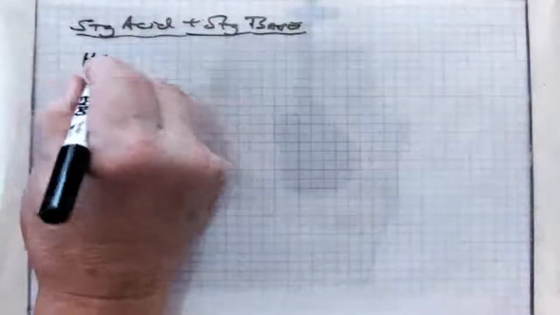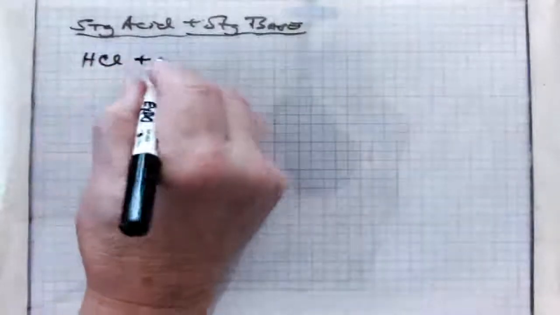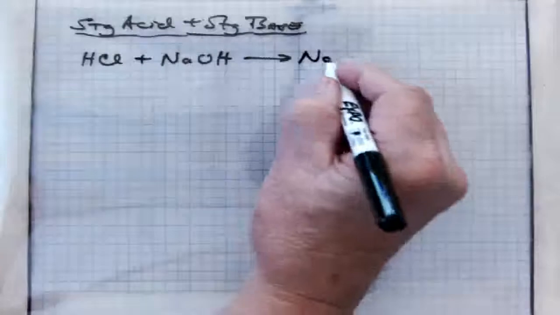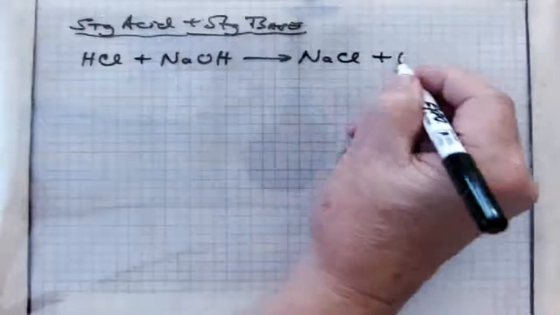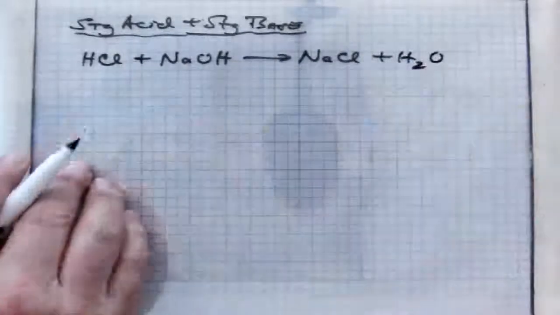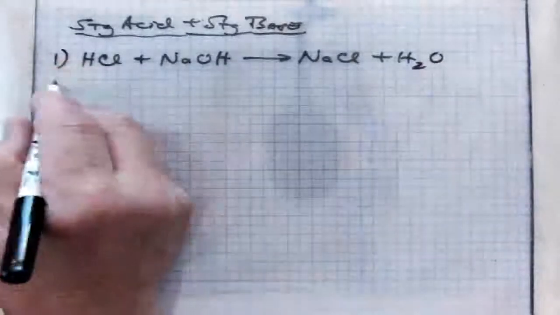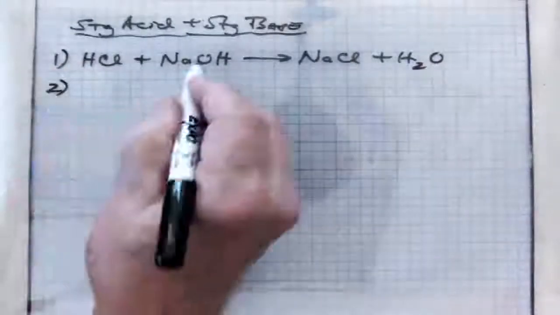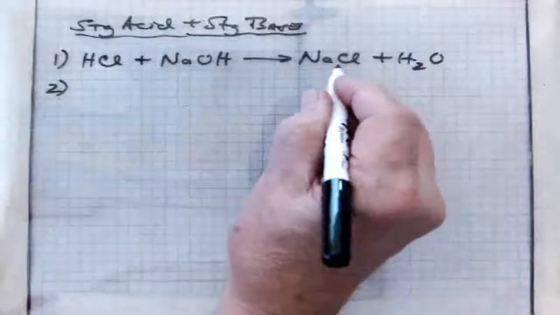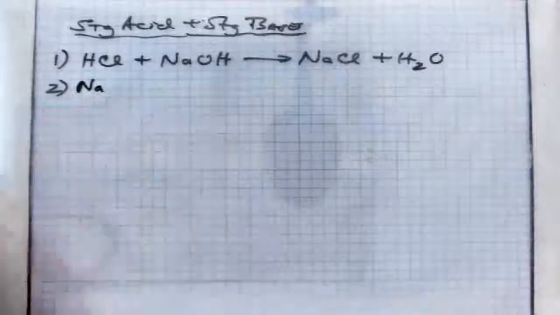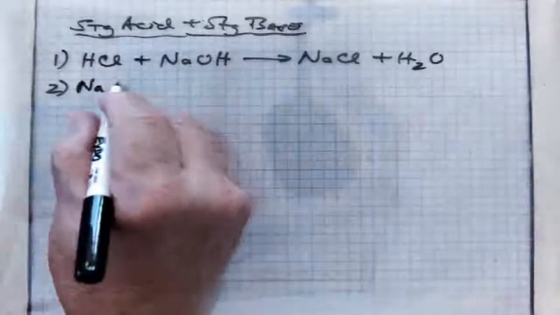Now, we'll call this reaction 1. Reaction 2 will be the ionization of the salt. If you recall, salts are the same thing as ionic compounds, and this will ionize into the cation sodium and the anion chloride. Then you have reactions that are tested as reacting with water, 3 and 4.